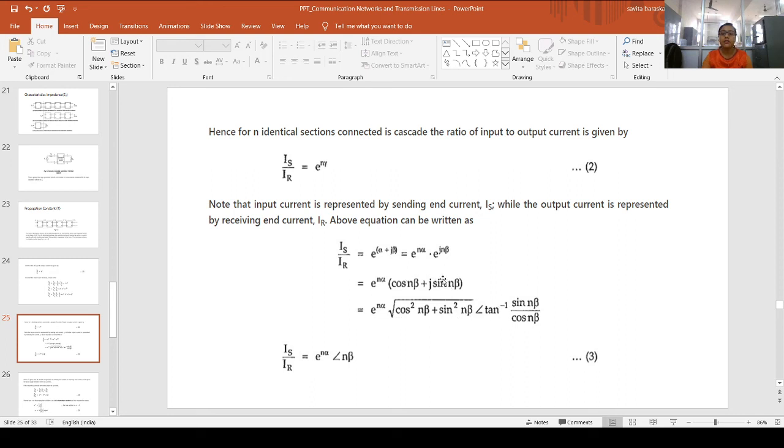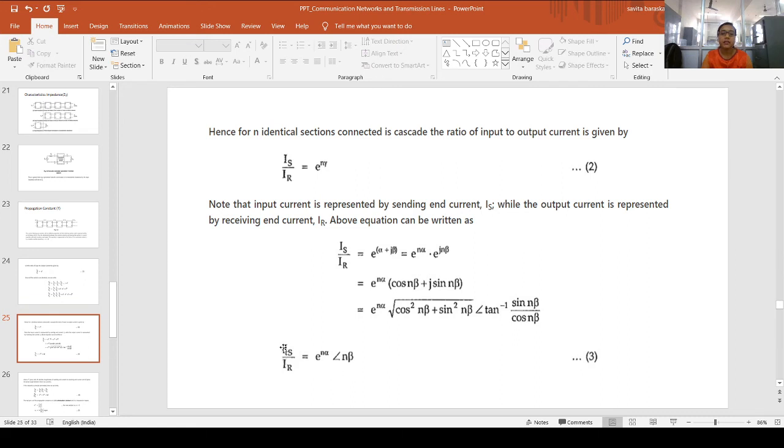And for the angle, we take the tan inverse of imaginary part by real part. So the angle is tan inverse of sin n beta, the imaginary part, divided by cos n beta, the real part.